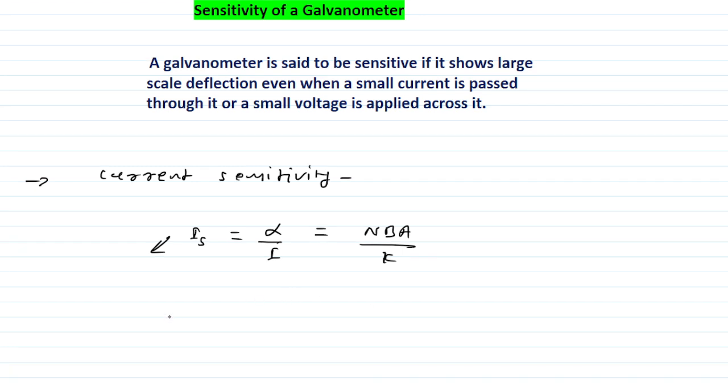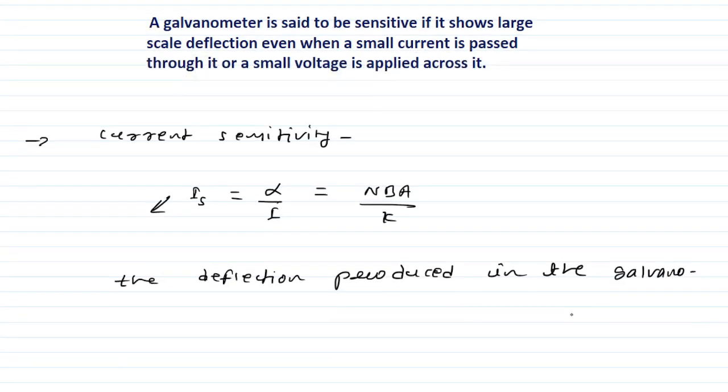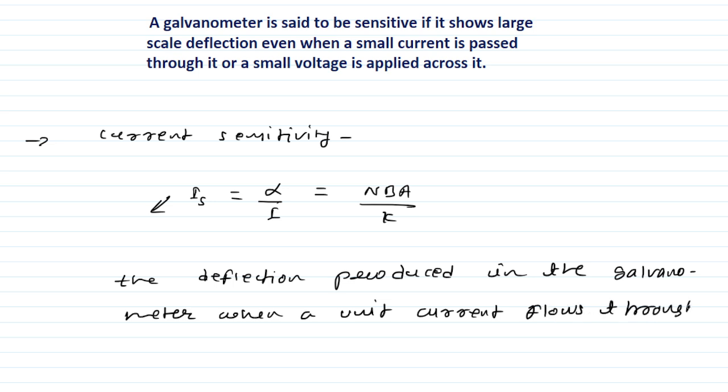How do we define it? It is defined as the deflection produced in the galvanometer when a unit current flows through it.